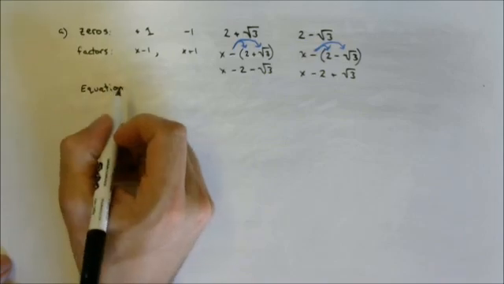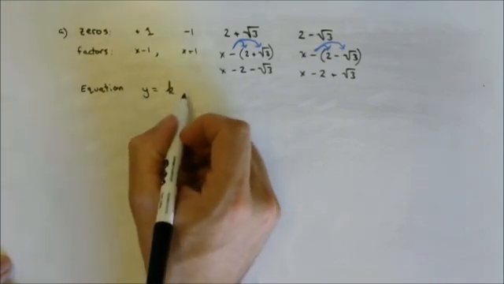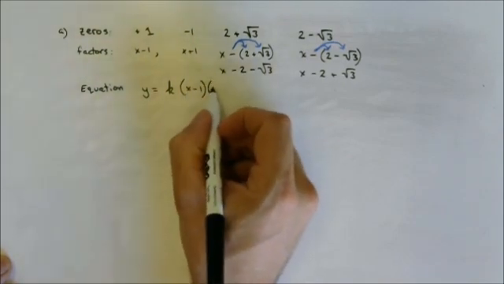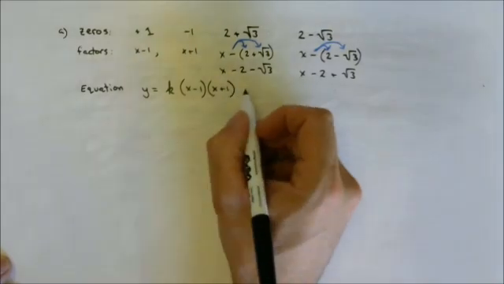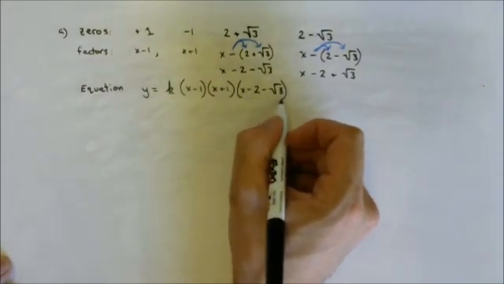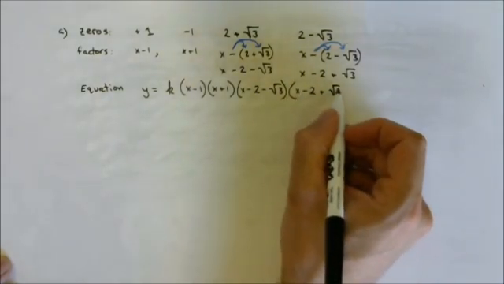It looks trickier. We're just going to follow this out. The equation is y equals some unknown multiplier k, times x minus 1, x plus 1, x minus 2 minus radical 3, and x minus 2 plus radical 3.